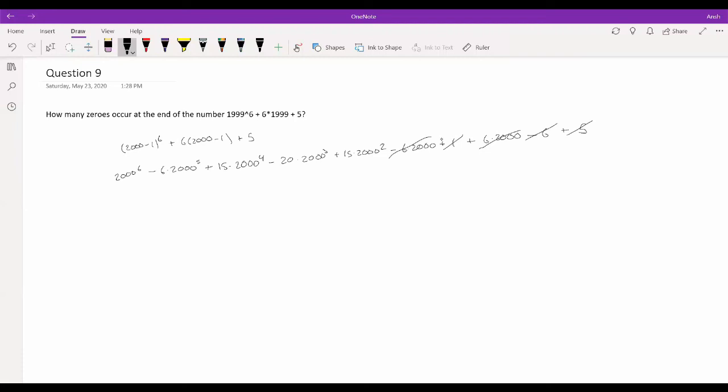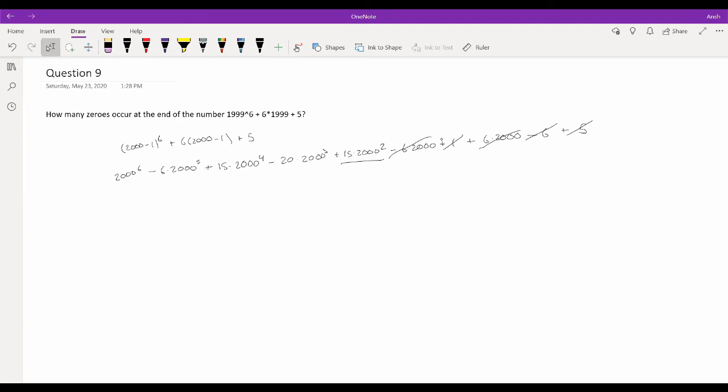We can notice that of all of these, the term with the least number of trailing zeros will be the limiting factor. And there's only one single term with the least number of trailing zeros, and that would be the last term, which is 15 times 2000 squared. So we're going to find the number of zeros in 15 times 2000 squared. At first glance, you might think, oh, you have 2000 squared, so that's 3 zeros, you square it, so it's 6 zeros.